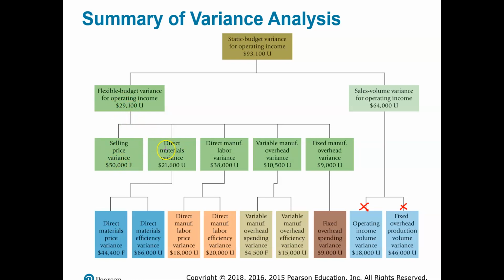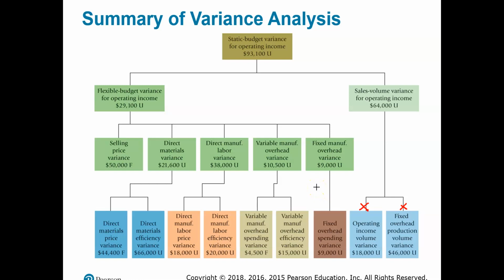Then for costs, we have four different costs: direct materials, direct manufacturing labor, variable manufacturing overhead, and fixed manufacturing overhead. Each one of those costs is broken down into further variances to try to isolate these.